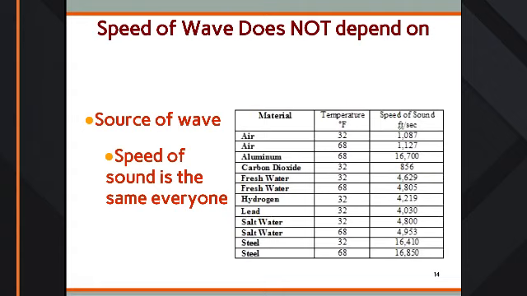Anything dropped that hits the ground and you hear it, that's how fast it's going to travel. Now, if you warm that air up, you're going to change the density of that air. If you change the density of the air, then you're going to change the speed at which sound is going to travel. So it's going to increase by, well, not quite 100, but it's going to be 1,127.